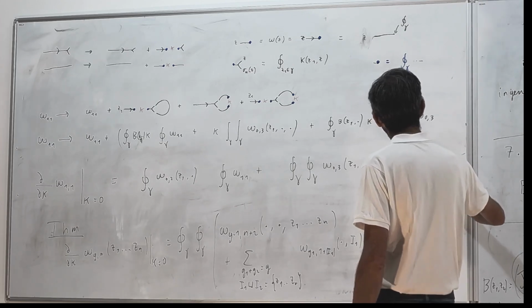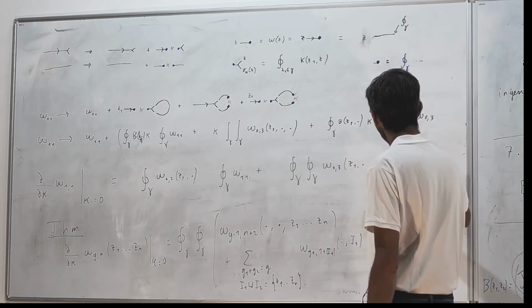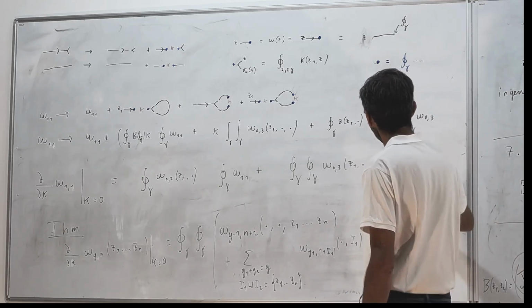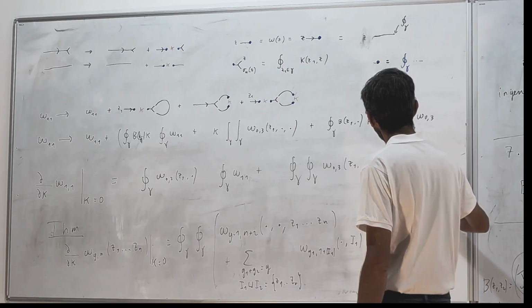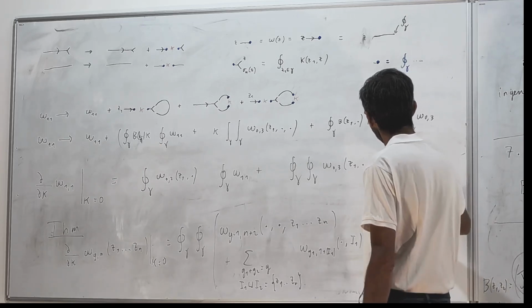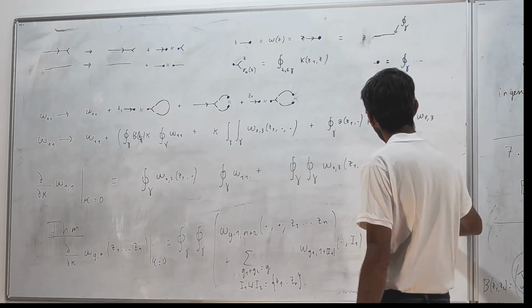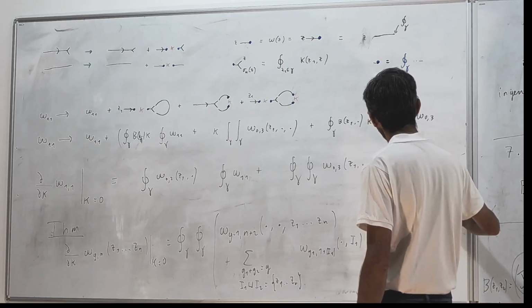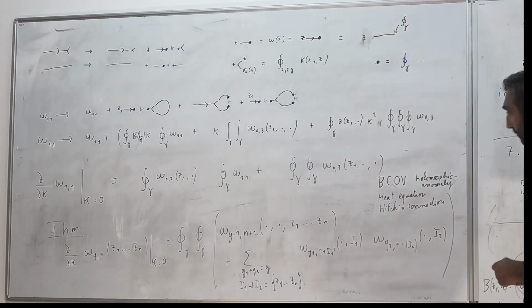This is related to a heat equation, to Hitchin connection, and so on. And it is the formula that allows to change the cycle on which you normalize your B. Well, I just wanted to present it.